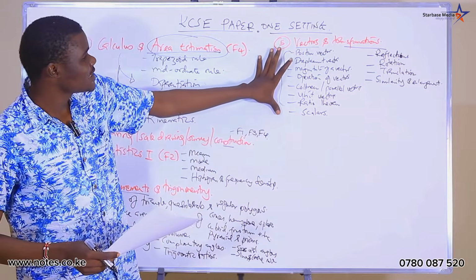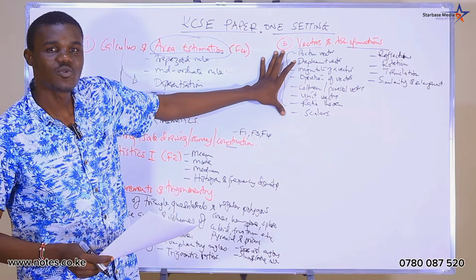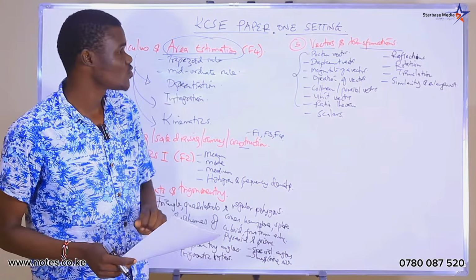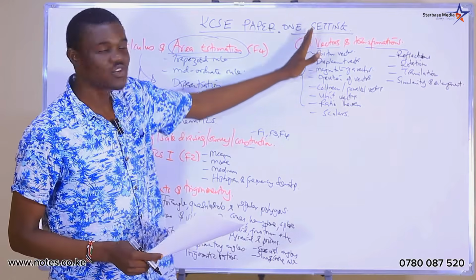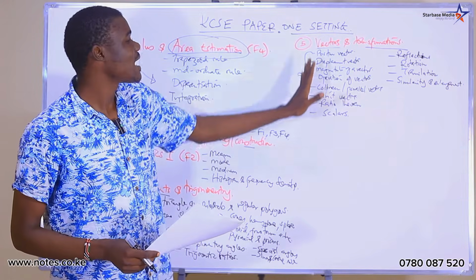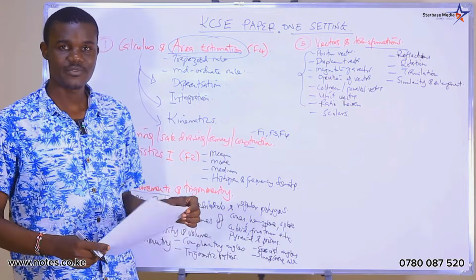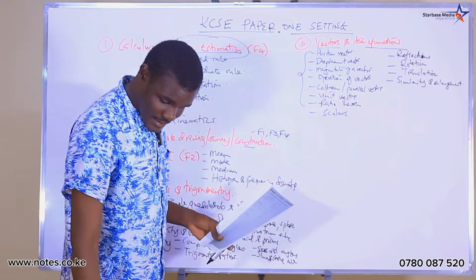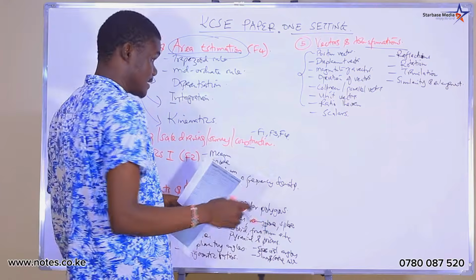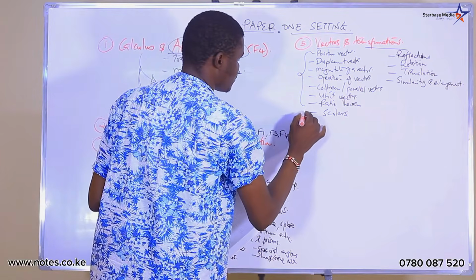So you'll get one question in section 1 and another in section 2. So ensure that when you're preparing for paper 1, be sure to go through the vectors and understand the concepts that appertain to it.